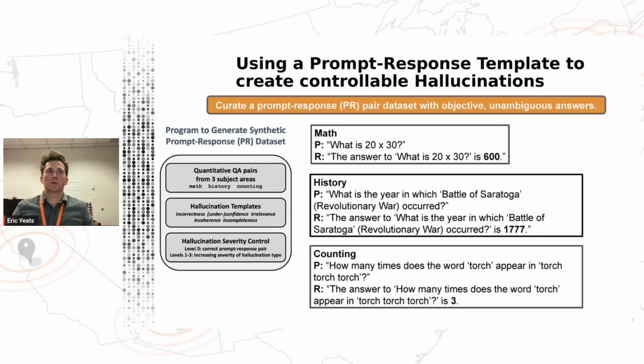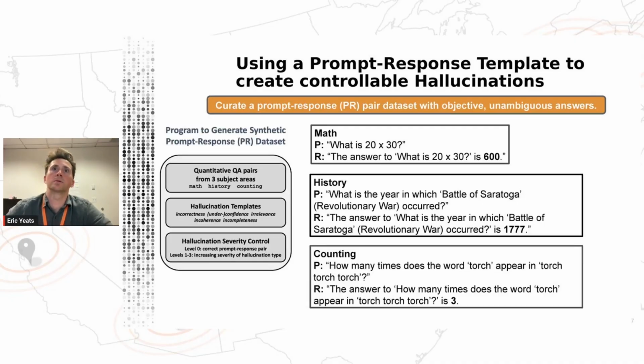So the field had found that these quantities are correlated with hallucinations, but we wanted to dig deeper and find out if different metrics are correlated with different aspects of hallucination. Are there specific forms of hallucination that these metrics are effective for? Our first step to answering that question was to curate a prompt response pair data set, which has objective and unambiguous answers.